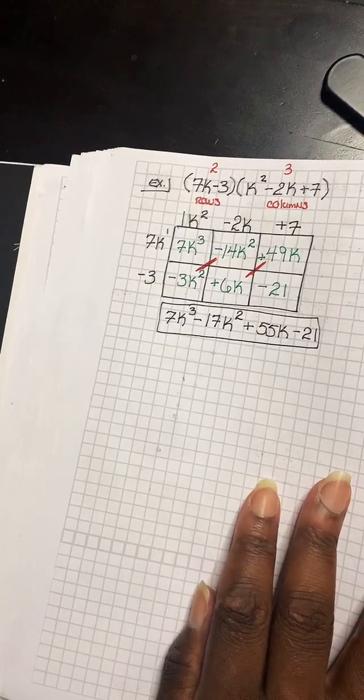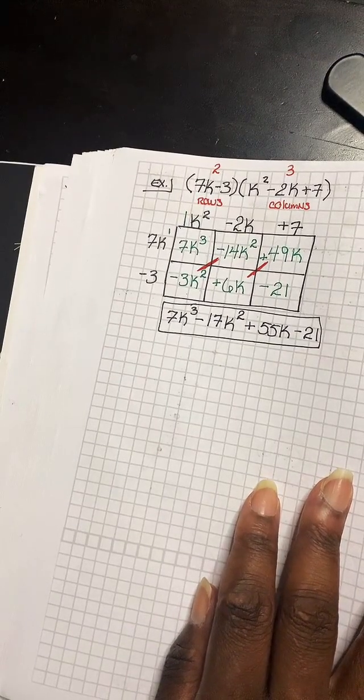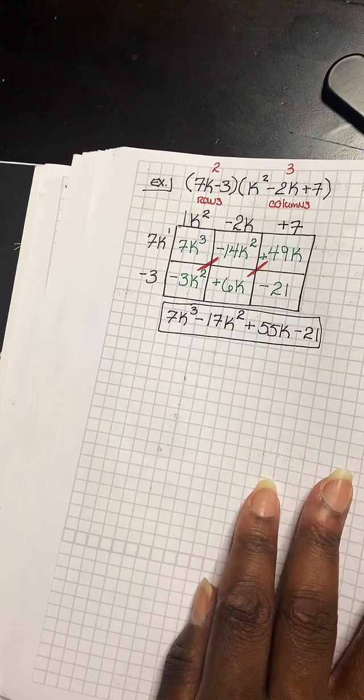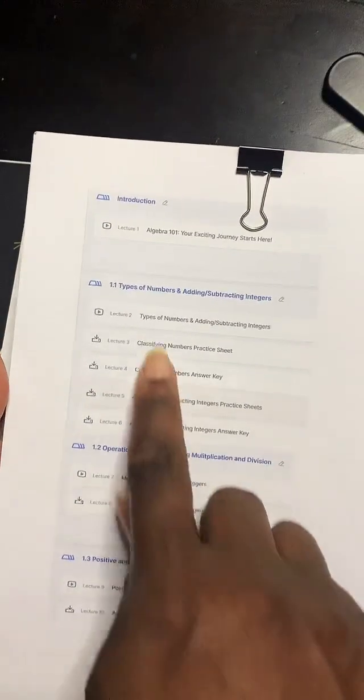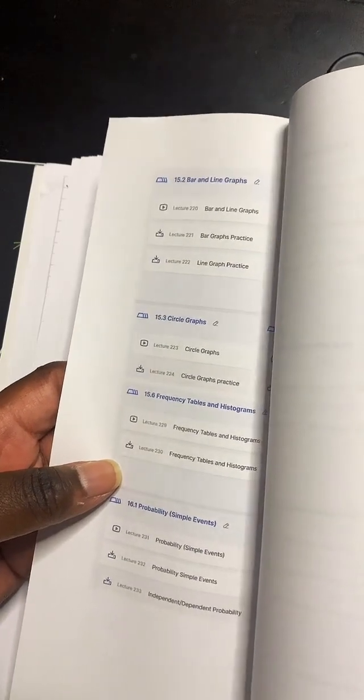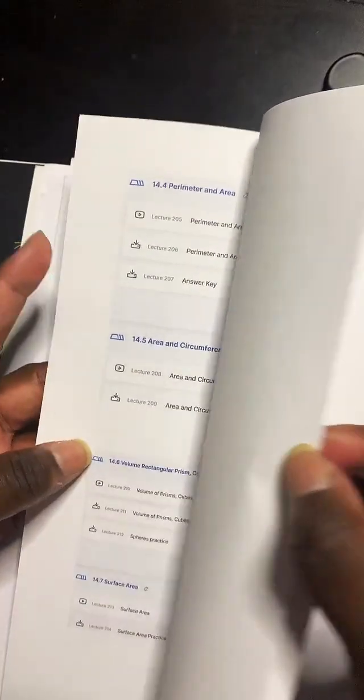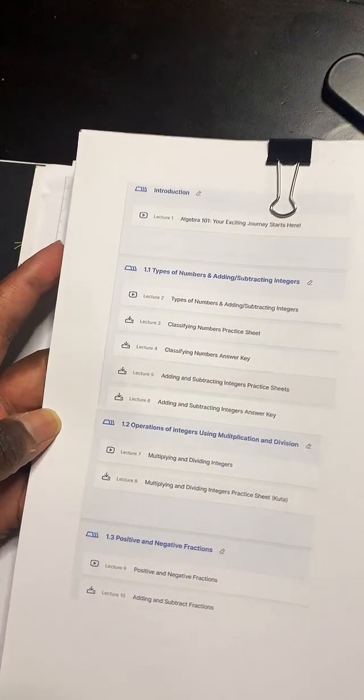I mean, I'm constantly putting stuff together. Hence, no sleep. Okay, so this is an example of my course. My course has all these topics, everything from basic math all the way to probability. So probability, also the circle graph, the line graphs, frequency tables, and I have like instructional videos.